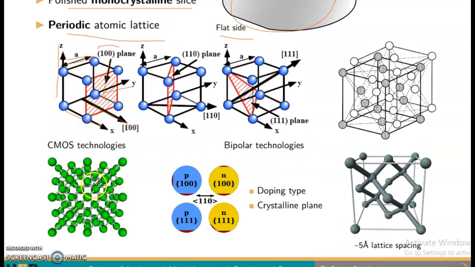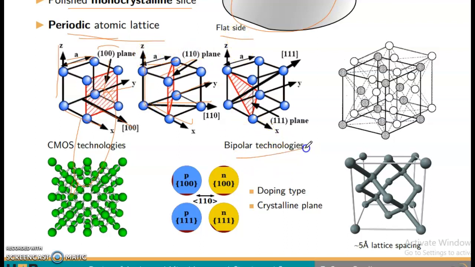This is for CMOS technologies. In this periodic atomic lattice, the x-axis is the 110 plane, the y-axis 110 plane, and the z-axis.